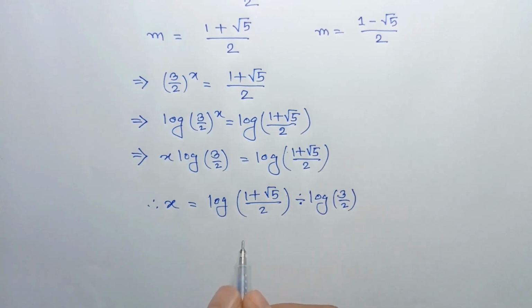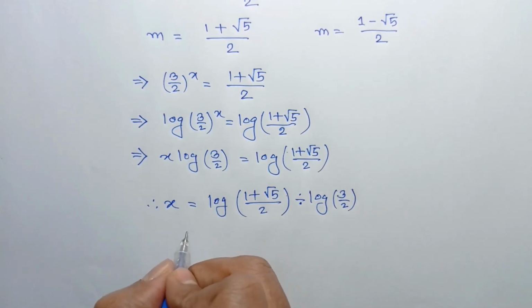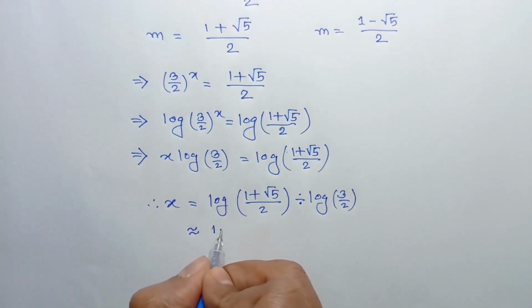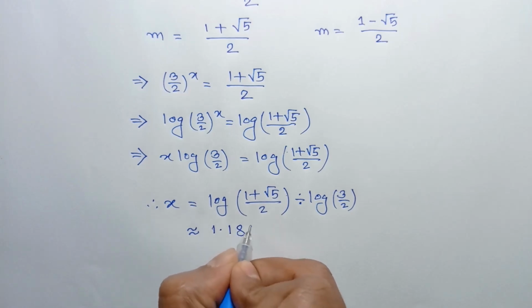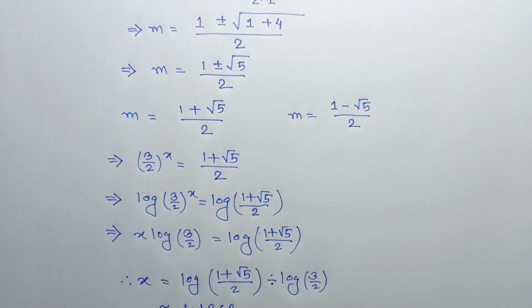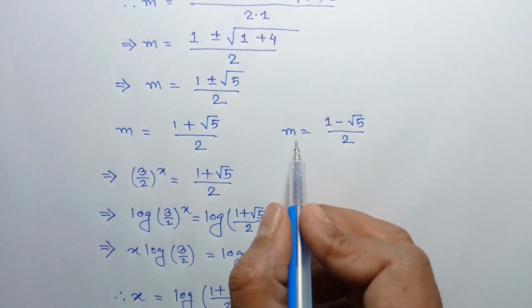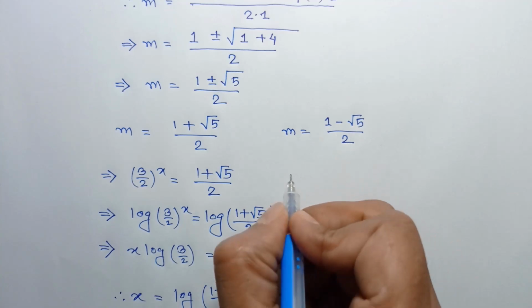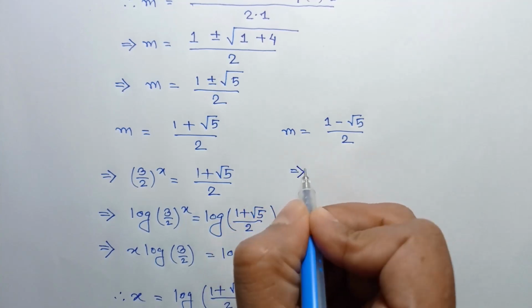This is a solution of this equation. The approximate value of x is 1.1868.